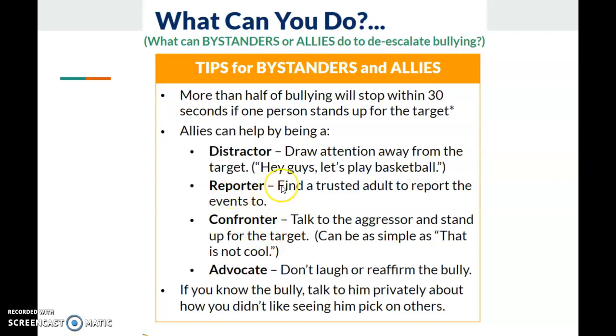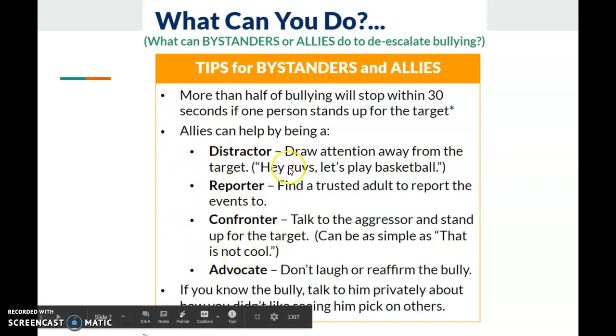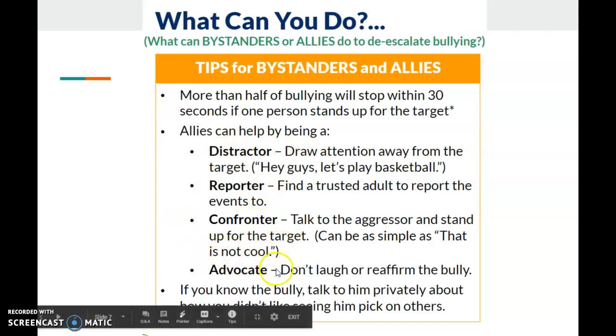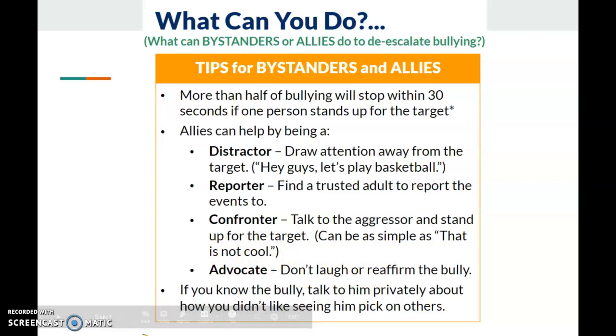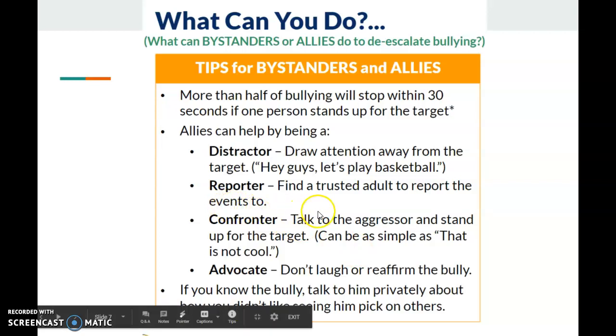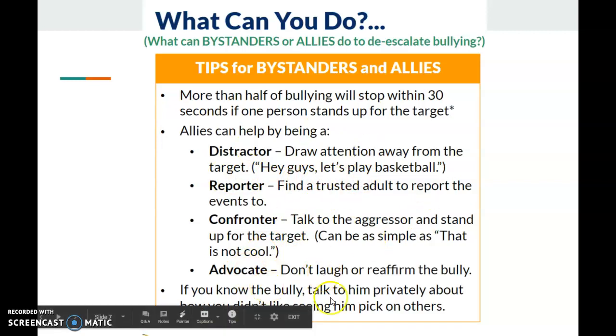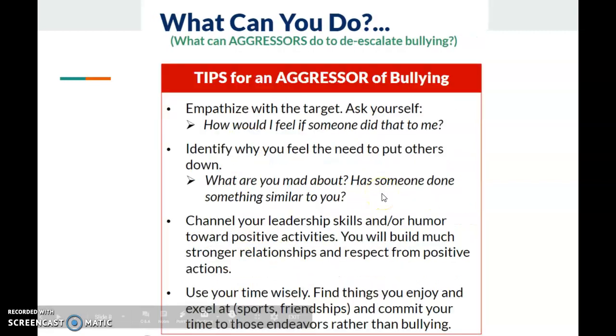Whatever steps you take, if you're distracting or comforting or advocating, make sure you're not laughing at what the bully is saying, to reinforce that behavior. But you're always going to want to report this stuff to an adult in almost every case. So those are the tips for that.